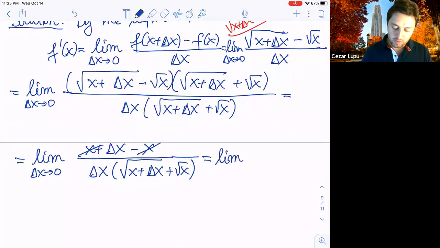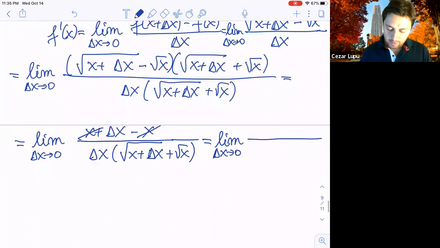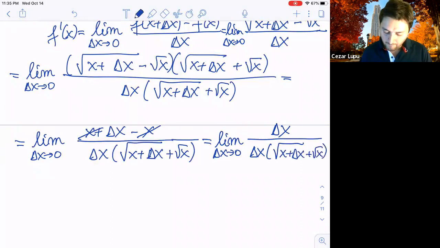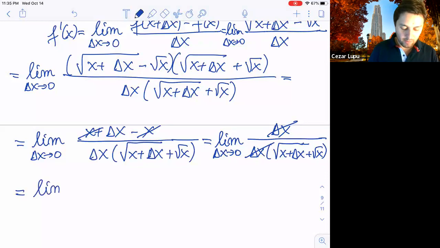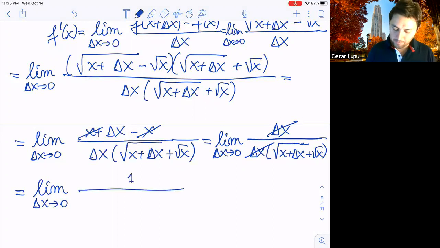This is nothing else than the limit as delta x approaches 0 of delta x over delta x times the square root of x plus delta x plus square root of x. Now, these two will go away, and this finally will give us the limit as delta x approaches 0 of 1 over the square root of x plus delta x plus square root of x.